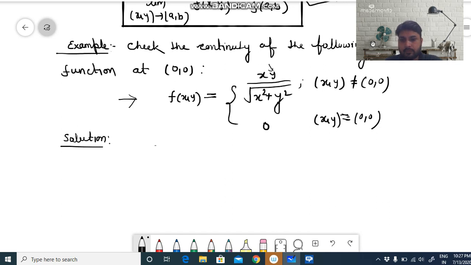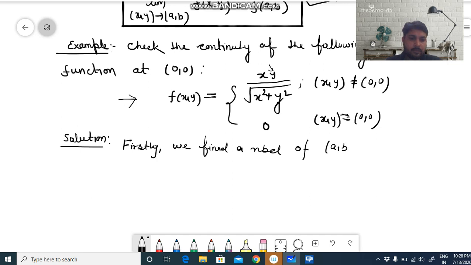Firstly we find a neighborhood of point (0,0).